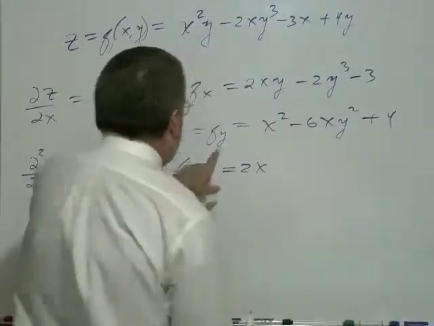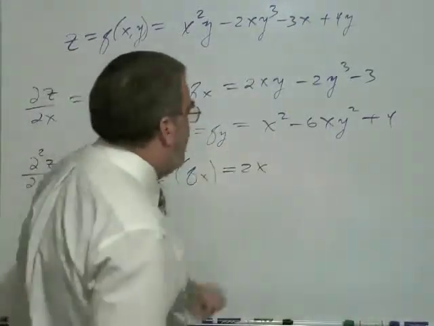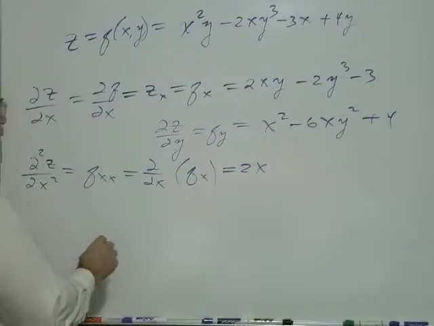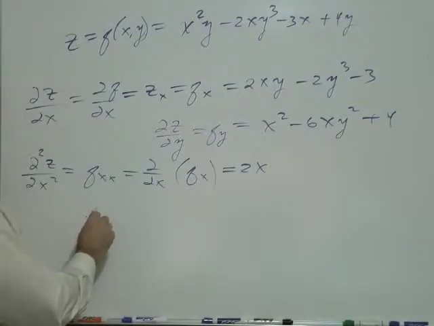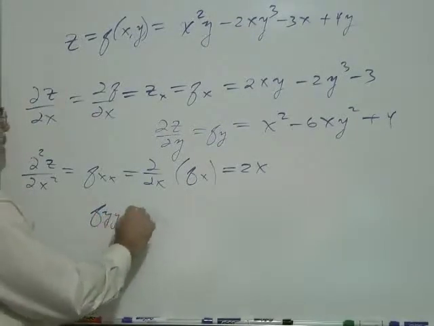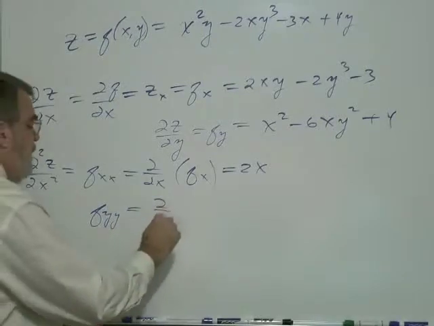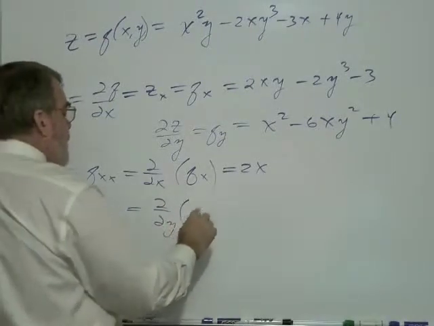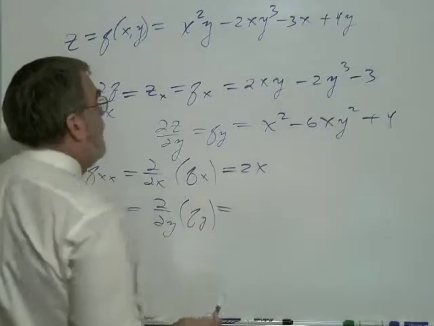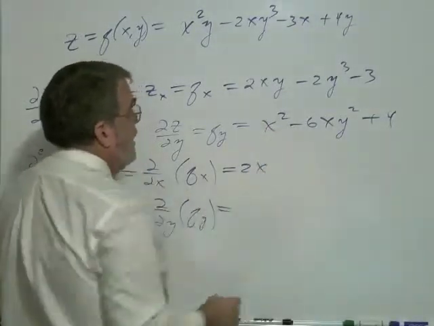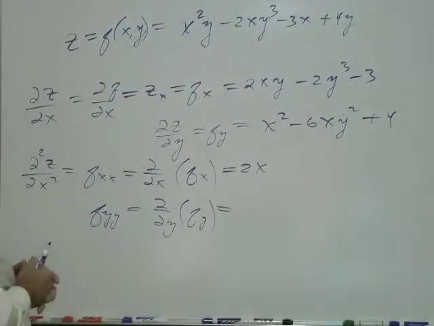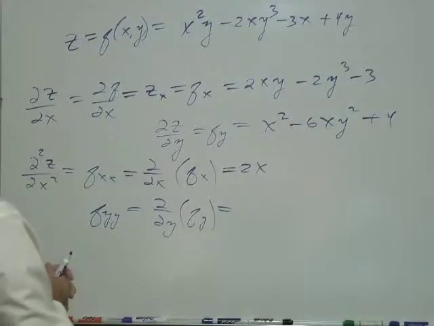Now we could do the second partial with respect to y, and I'll just call that fyy. And so it's the partial with respect to y of fy. So here I'm treating x as a constant. And we get, I think I've got a mistake here too.